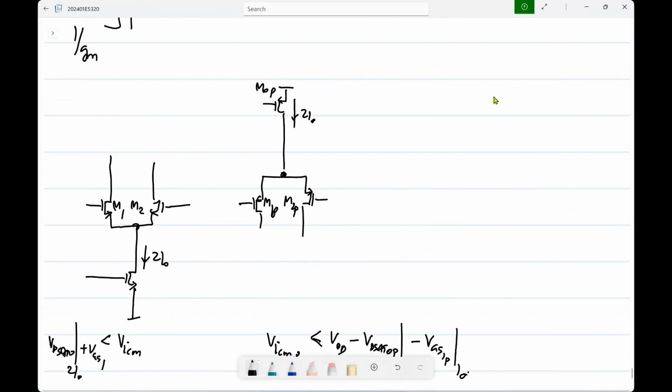So what you do is, you have this folding stage that we use for the folded cascode.